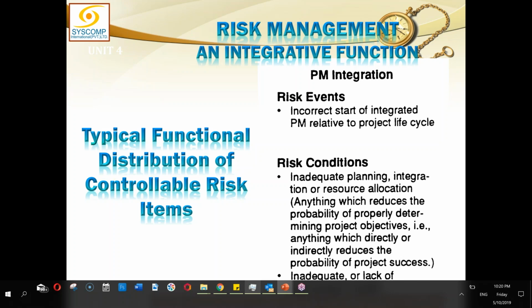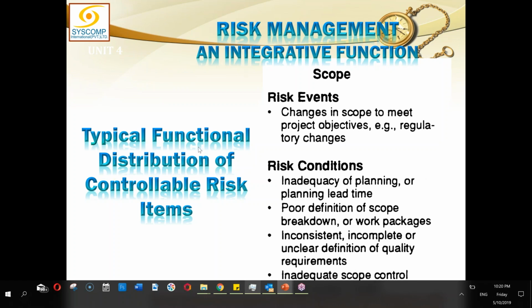Integration and resource allocation. Anything which reduces the probability of properly determining project objectives, anything which directly or indirectly reduces the probability of project success. Then, as far as the scope is concerned, changes in scope to meet project objectives. Regulatory changes, you see, we do have a mechanism in project management for having a thorough change control mechanism.